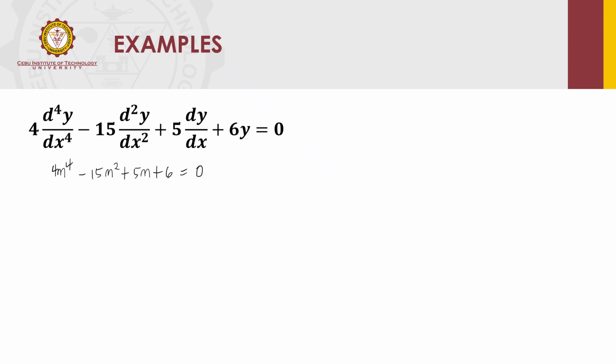In doing synthetic division, we copy the coefficients and arrange them in decreasing order. We don't have an m cubed term here, so we write 0, then negative 15 for the squared term, then positive 5, and the last term is the constant term, which is 6.